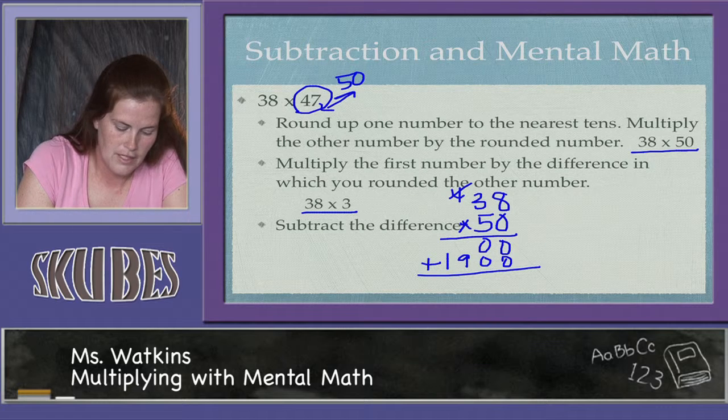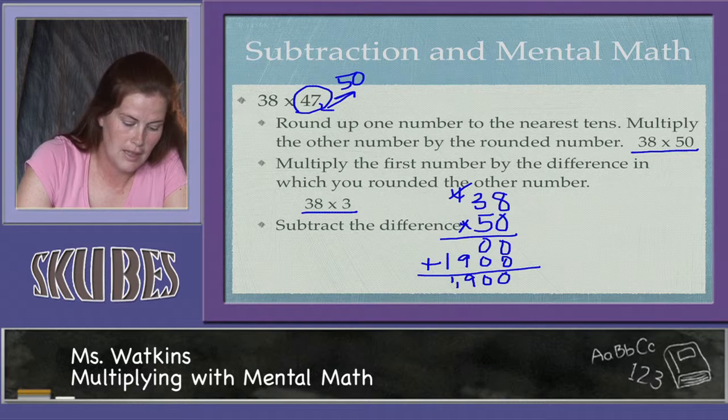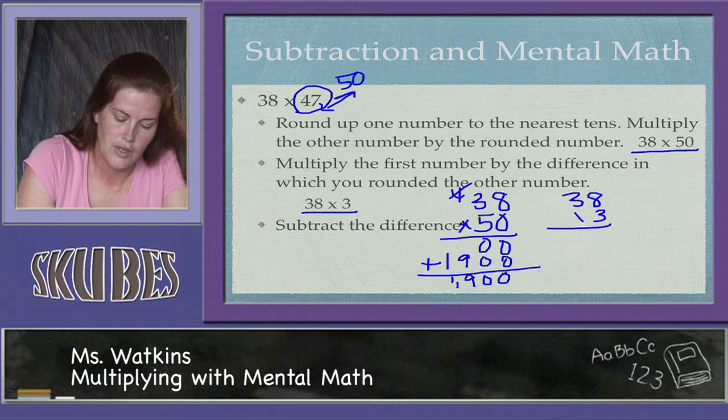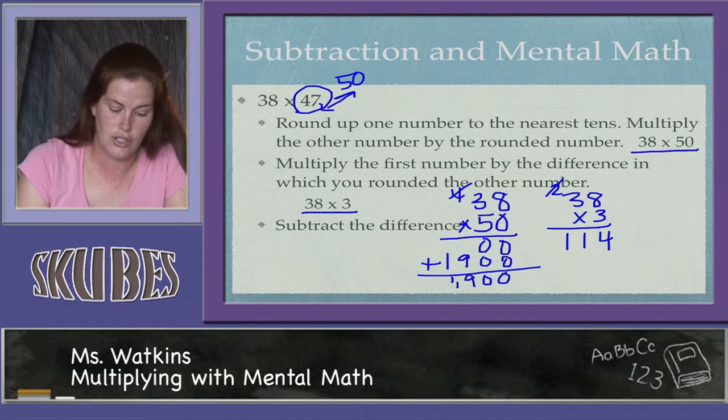So it's 1,900. Now I need to multiply 38 times 3. 3 times 8 equals 24. Write down your 4, carry your 2. 3 times 3 equals 9, plus the 2 you carried, which equals 11. And so I need to subtract the 114.